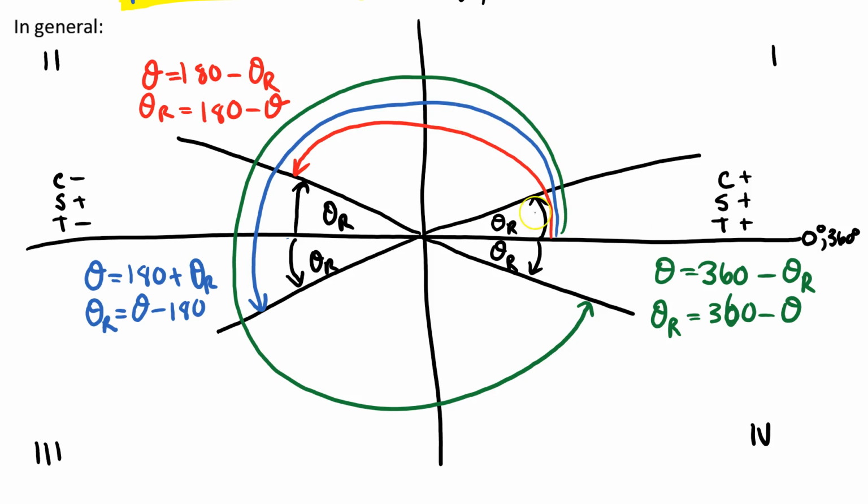So in the top half, the y-coordinates are all positive. In this one, tan is positive, but both sine and cosine are negative, because cosine is associated with your x. So your x values will be negative, and your y values will be negative as well.